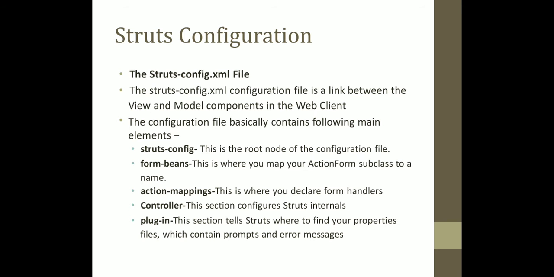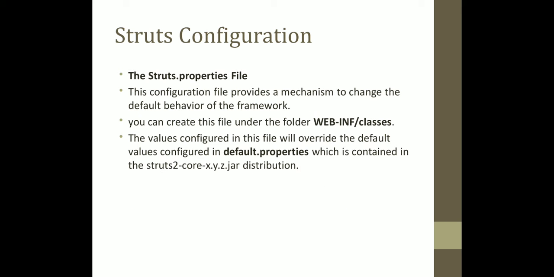So all these configuration files are doing their roles particularly with the lines of code, and they have their decided tasks that should be executed properly for getting your required output. Okay, then the struts.properties file. This configuration file provides a mechanism to change the default behavior of the framework.